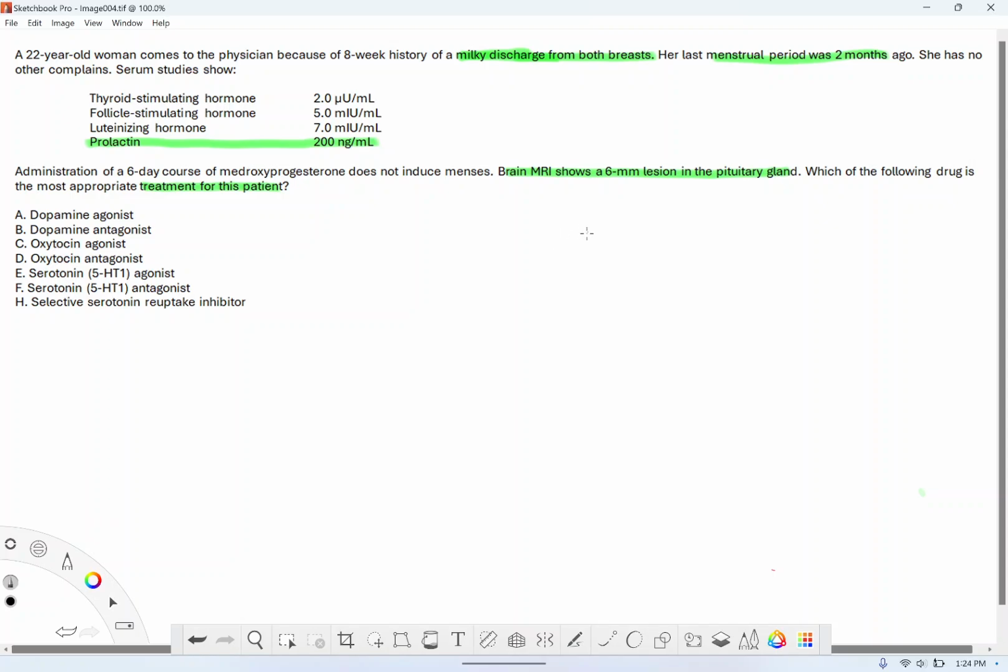So this woman, 22, female, what does she have? She has galactorrhea, the milky discharge from both breasts, and she has amenorrhea, 2 months, no menses.